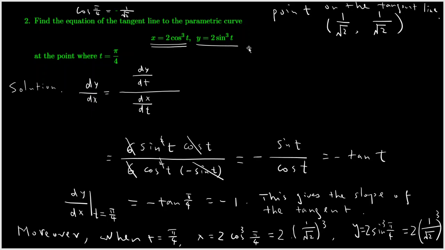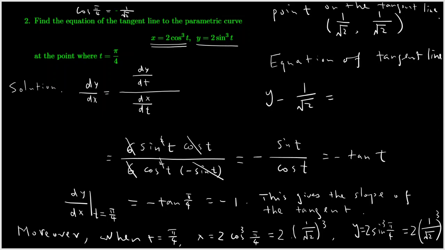Now we are ready to get the equation of the line. Okay, you have the slope, you have a point. The slope is -1. So the equation of the tangent line is y minus y coordinate of the point equals the slope.